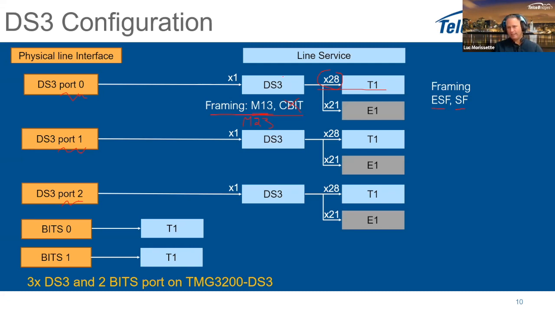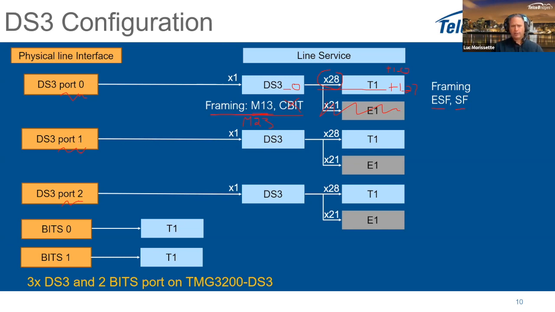So in that DS3, maybe this is DS3 0 here, you will have 28 T1s, so maybe T1 0 to T1 27. Okay, and these can be referenced in the configuration this way. There's a possibility to use E1s also in DS3, but I've not seen this used, so that's why I put it gray here.